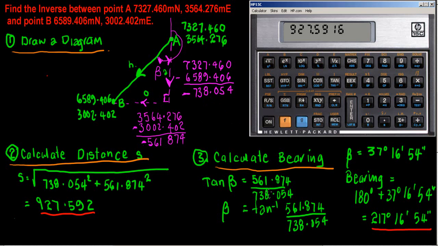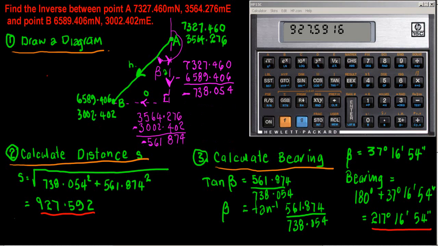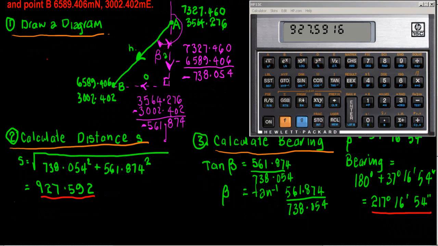So tan B equals the opposite, which is 561.874 over 738.054. I'm just going to put a little decimal point in there, because it's annoying me that there's one missing. There we go.